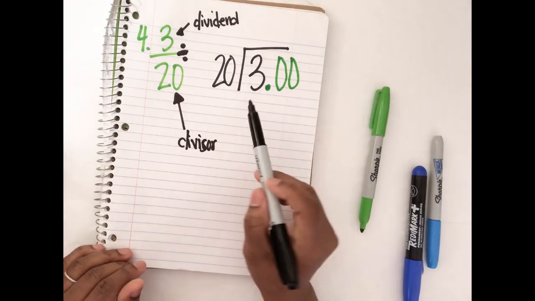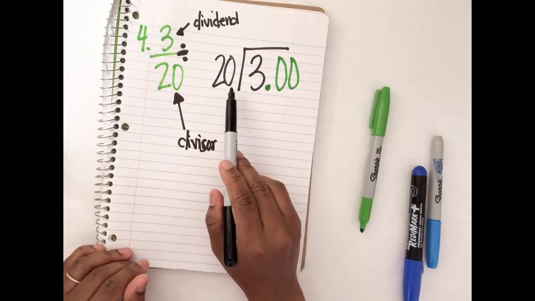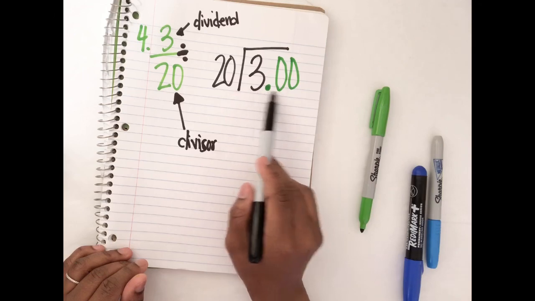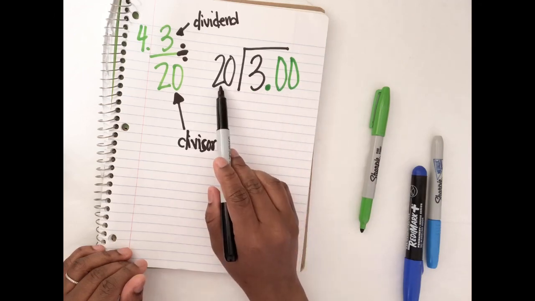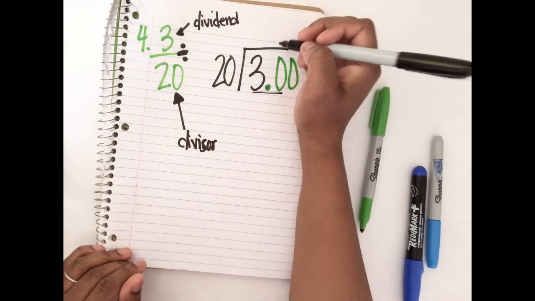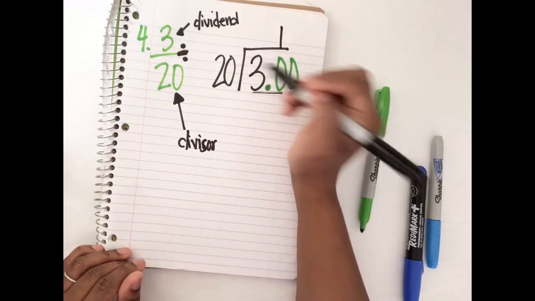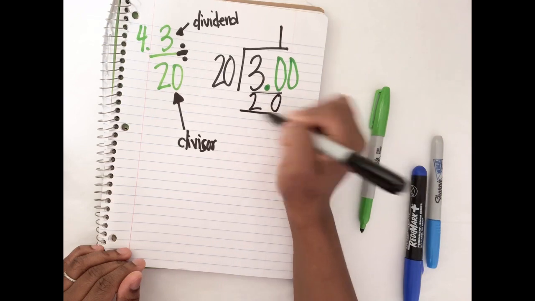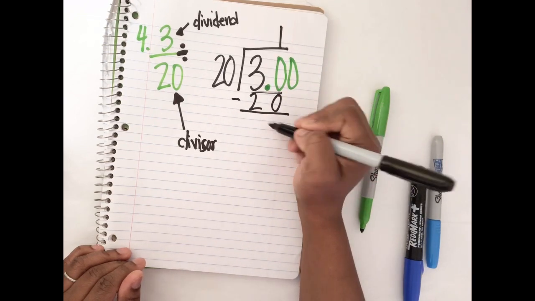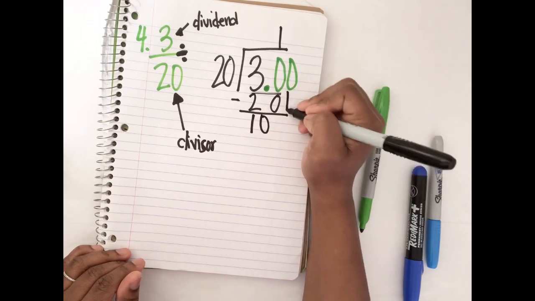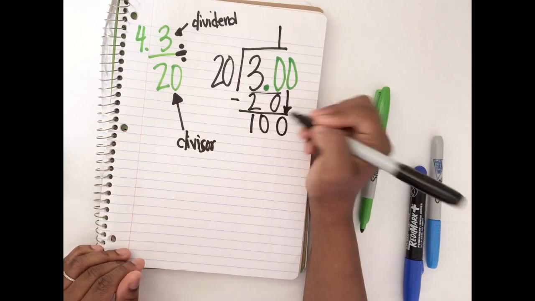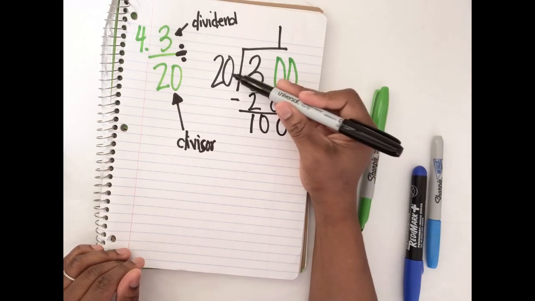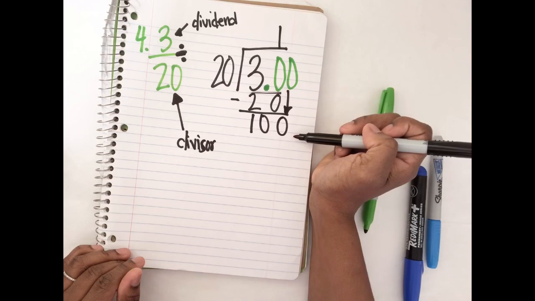I say, how many times does 20 go into 30? Once. 1 times 20 is, good, 20. Subtract, I'm left with 10. Bring down the 0. How many times does 20 go into 100?